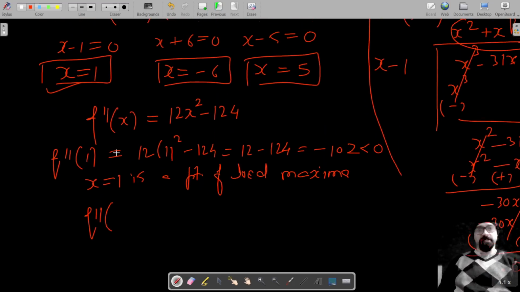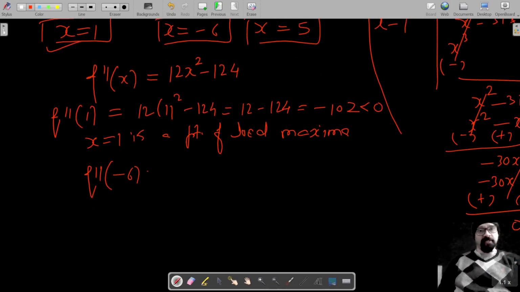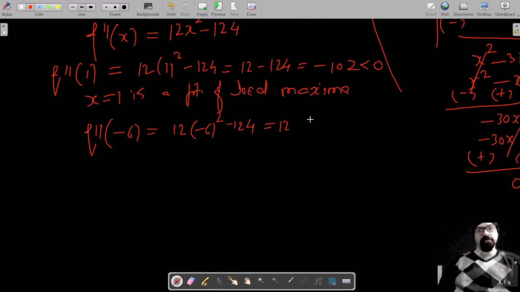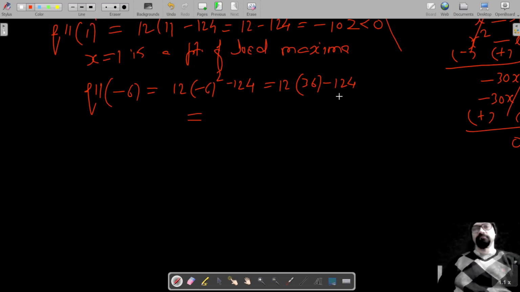Now let's similarly check the second order derivative for negative 6. So 12 into negative 6 square minus 124, which is 12 into 36 minus 124, which is obviously greater than 0.